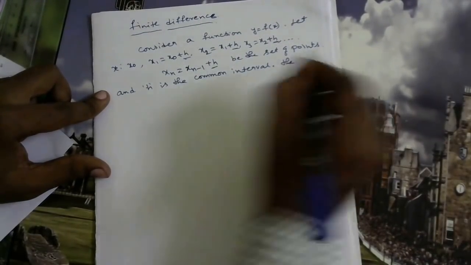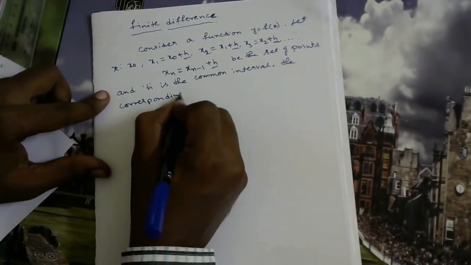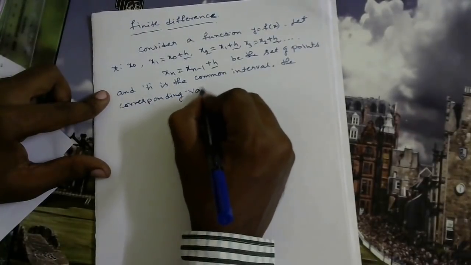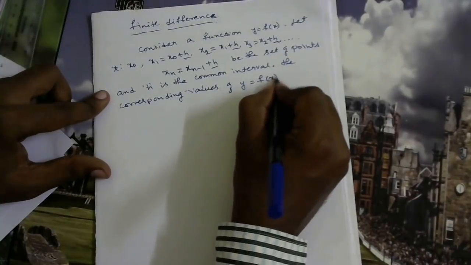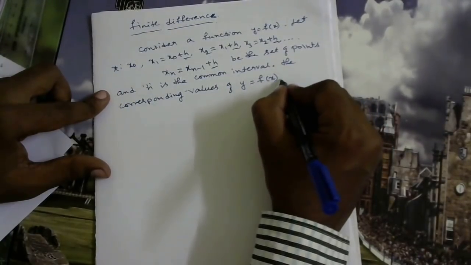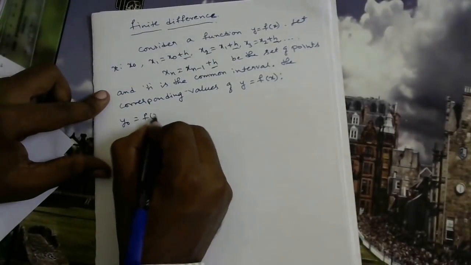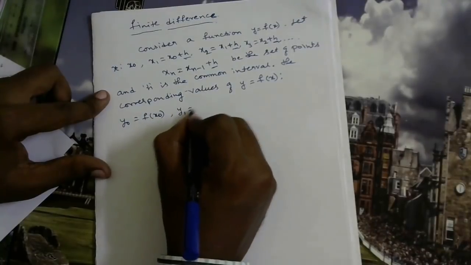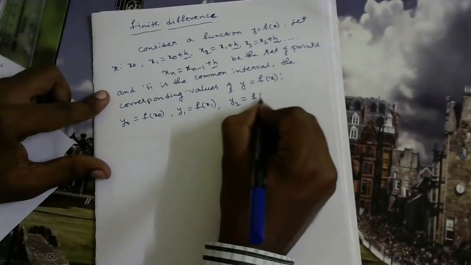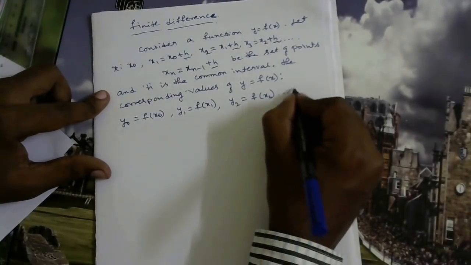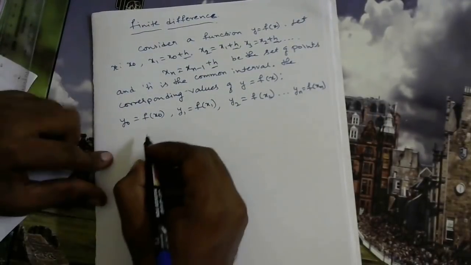The corresponding values of y equals f of x can be written as y naught equals f of x naught, y1 equals f of x1, y2 equals f of x2, and so on, yn equals f of xn.